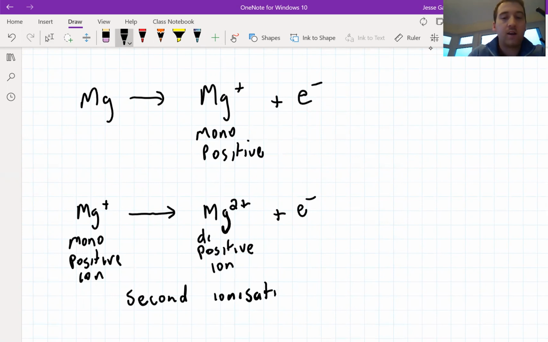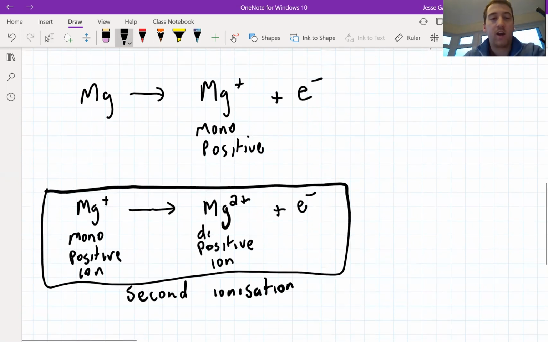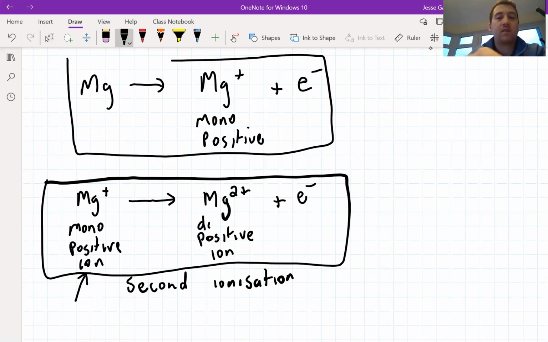I can recognize that as a second ionization because I'm starting with a monopositive ion. It's already lost one electron and now it's losing a second one. Whereas I recognize this one as a first ionization because I'm starting with an atom and it hasn't already lost an electron. So this is first ionization.